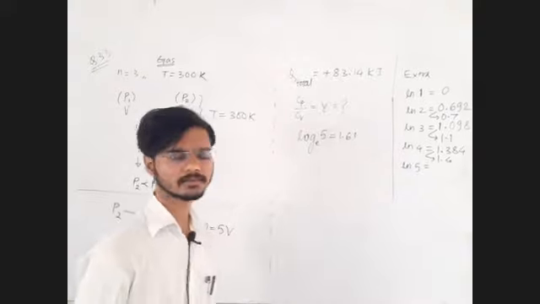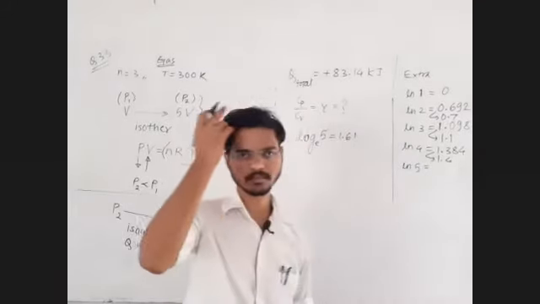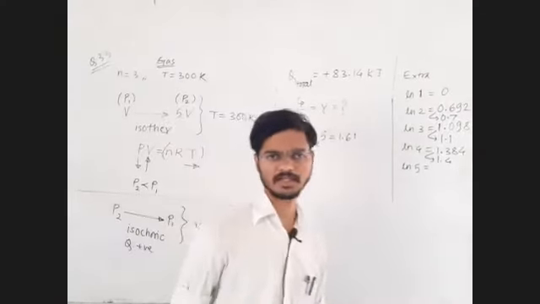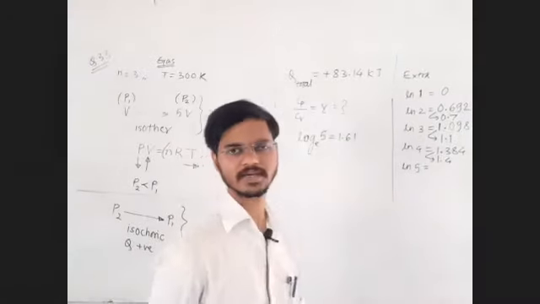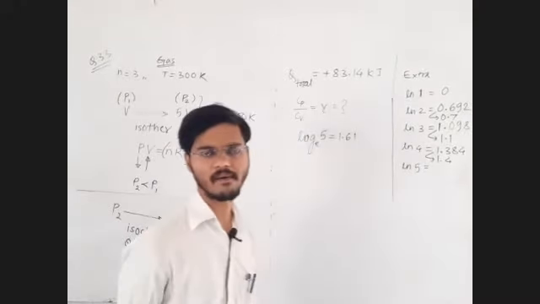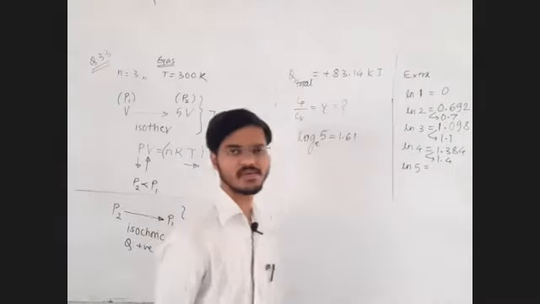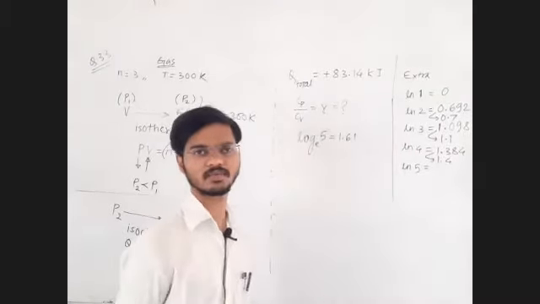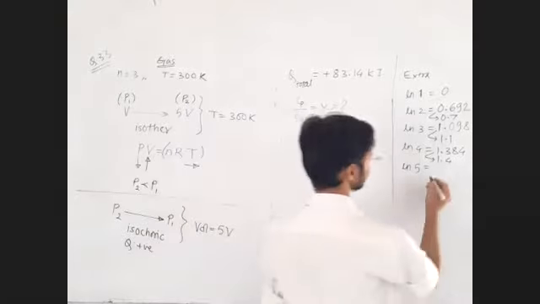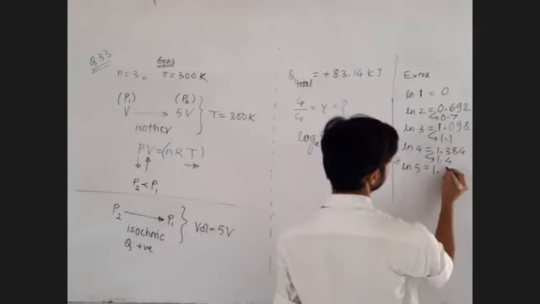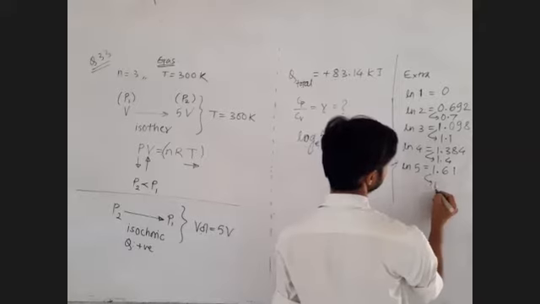Ln 5, approximately it is 1.6, that I know. Exact? The next 2-3 digits: 1.61. Okay. 1.61. Approximation is 1.6.